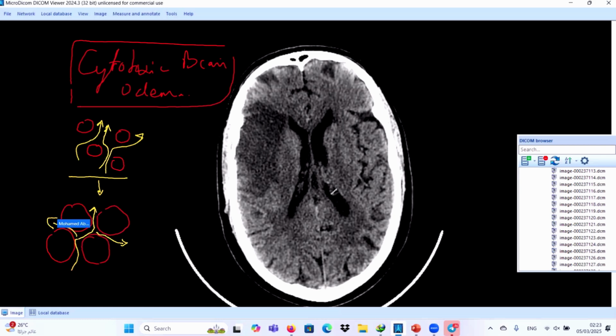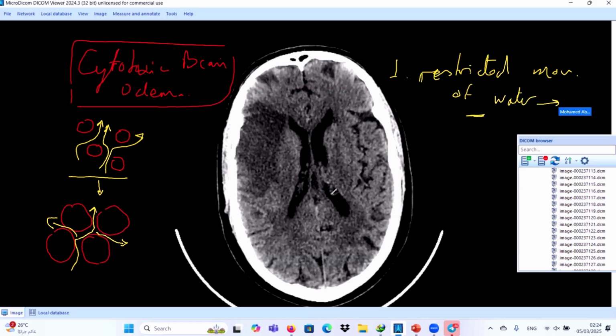So we have here 3 points we should emphasize. The first, the water movement appears more difficult. So we have here restricted movement of the water in the extracellular space, and this can be demonstrated by restricted diffusion in the MRI sequence, in the diffusion weighted image, as we saw in the last video.